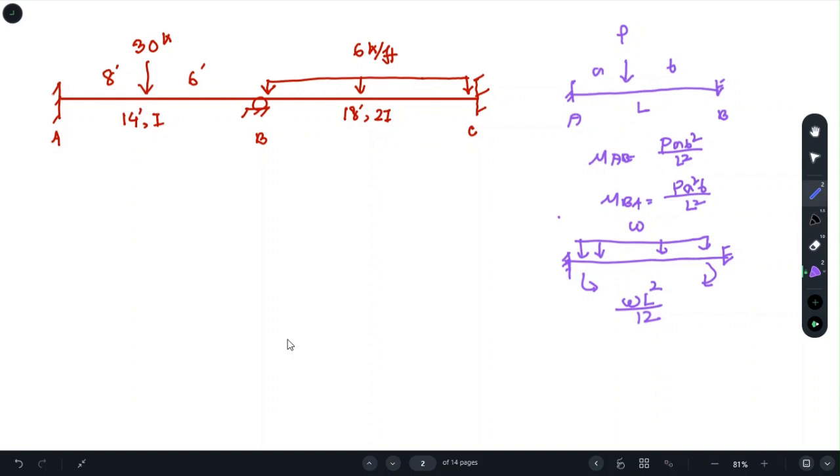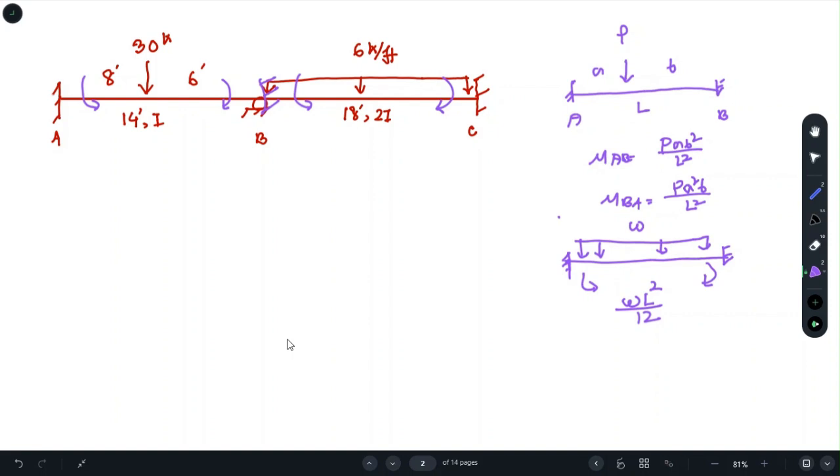For that, you have to make all the supports fixed ends. Here, I will change the roller supports to fixed supports, and then I will find moments. For that, I will get moments like this and this, and this.